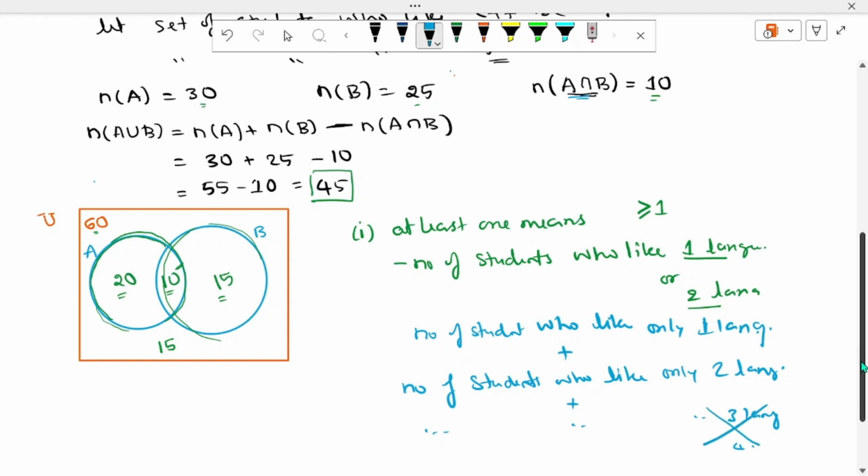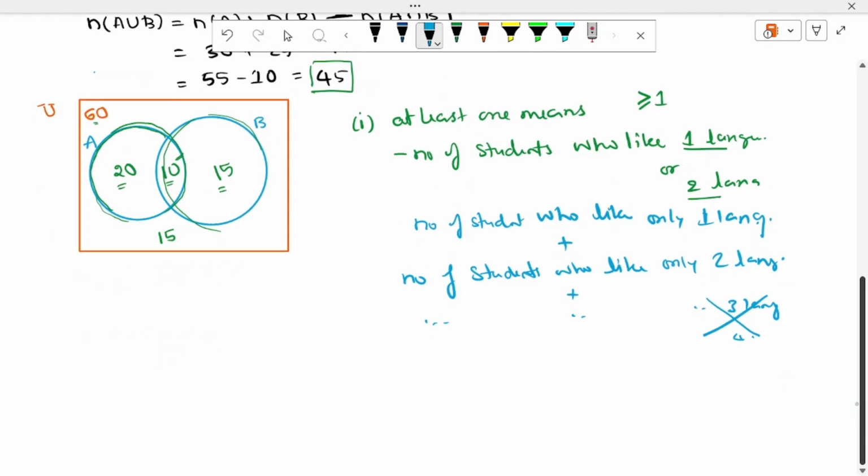Now the number of students who like only one language is 20 plus 15, plus the number of students who like two languages, which is 10, therefore it will be 45. So the answer for the first question is 45.